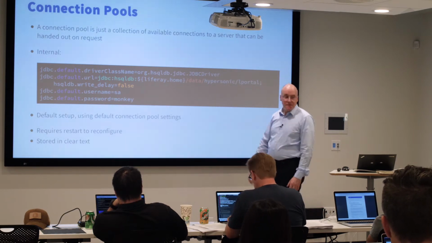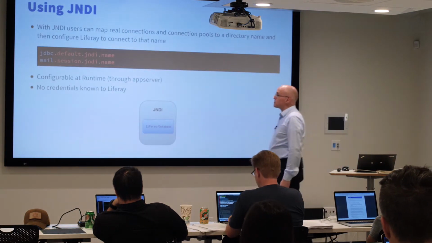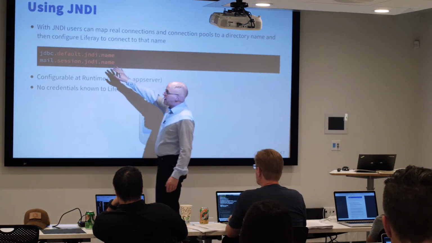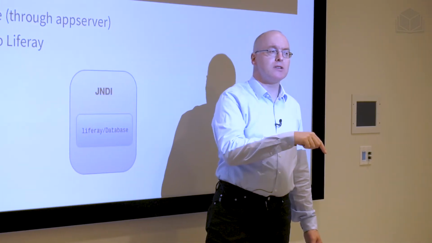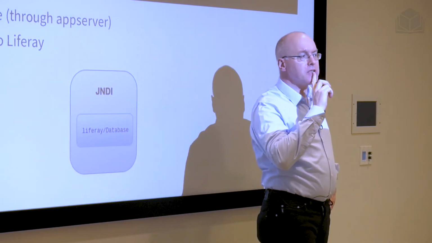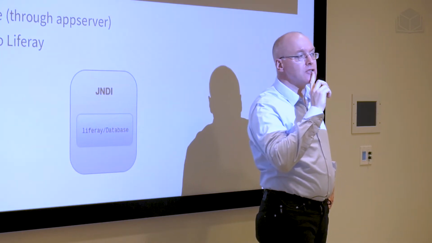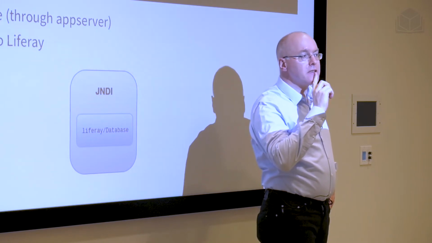There is another setup that you can do, which is just giving the JNDI name. And JNDI, the Java, is that native directory index? Editorial question, JNDI is Java N directory interface?